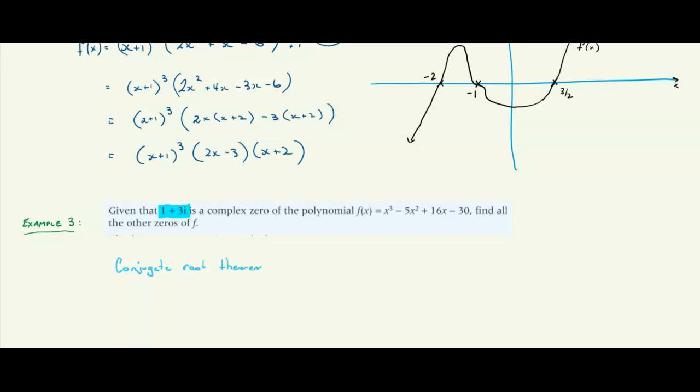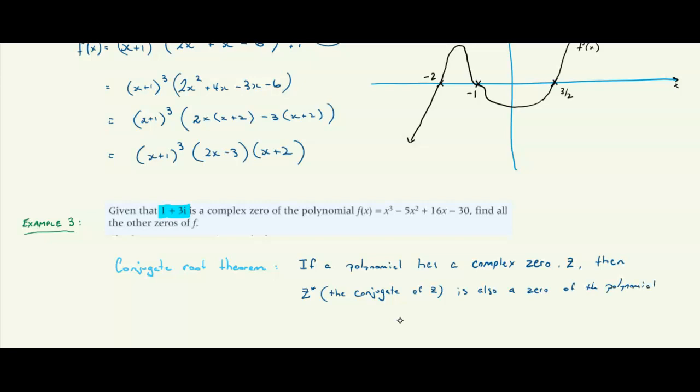It says that if a polynomial has a complex 0 z, say, then z star, the conjugate of z, is also a 0 of the polynomial.